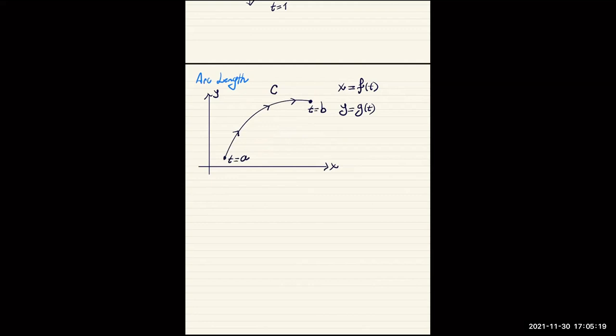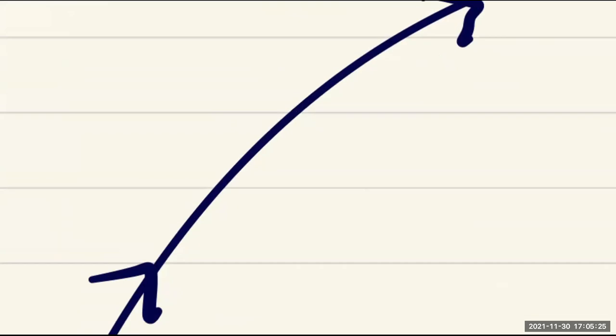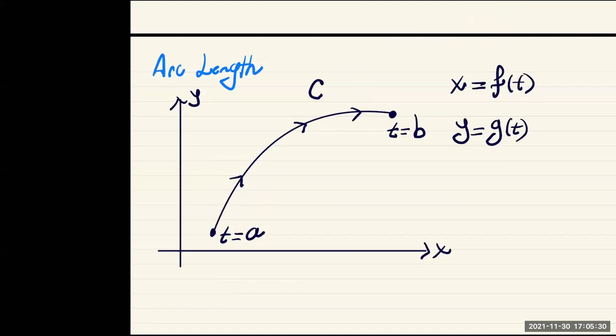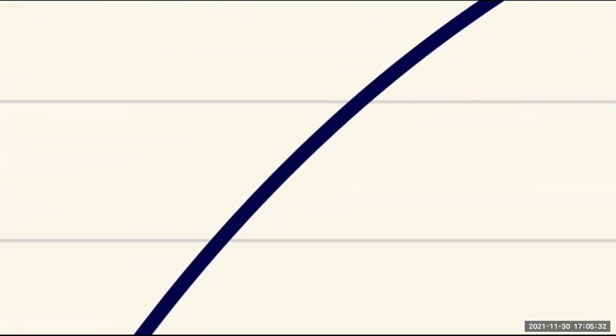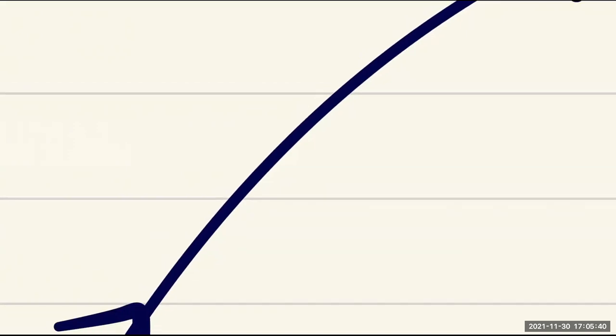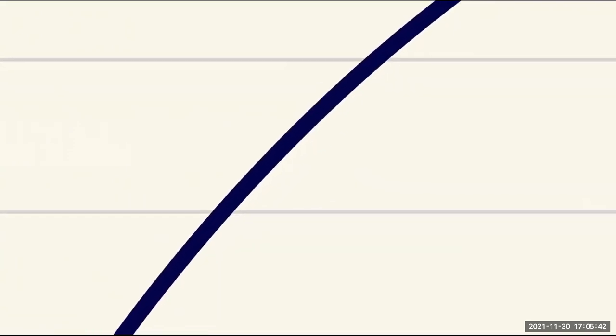So what you do is zoom into C. Zoom in long enough. See, when I zoom in long enough, I no longer see a curvature, right? The curvature becomes almost zero. It's not zero, but almost.